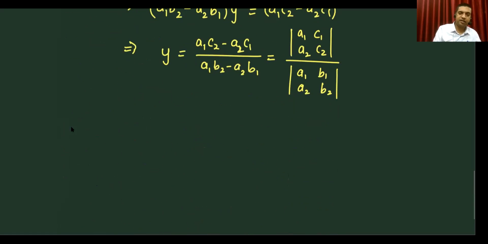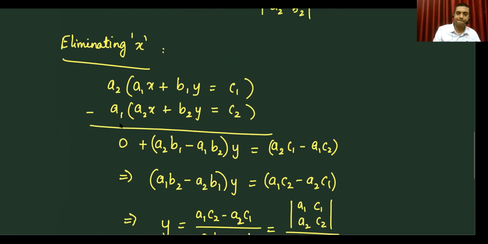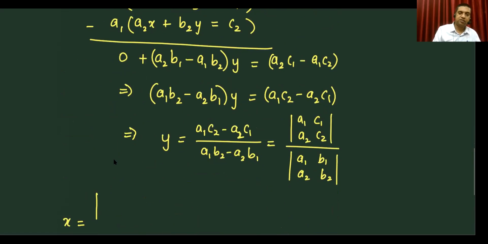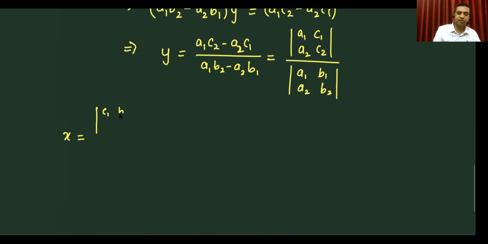I'll write here, so x is the determinant of c1 b1, c2 b2 by the determinant of the coefficients.